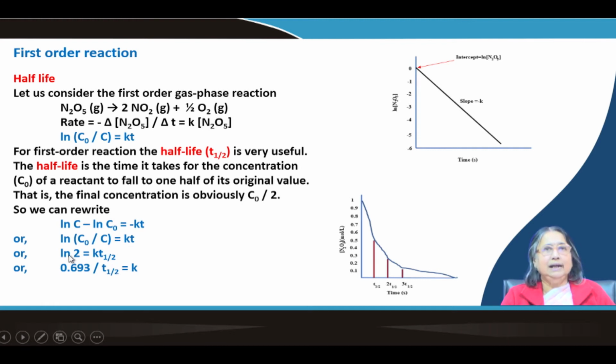The value of ln 2 is nothing but 0.693. So 0.693 by t half equals k. So k, the specific rate constant, is related to t half, or the other way, t half is related to k.